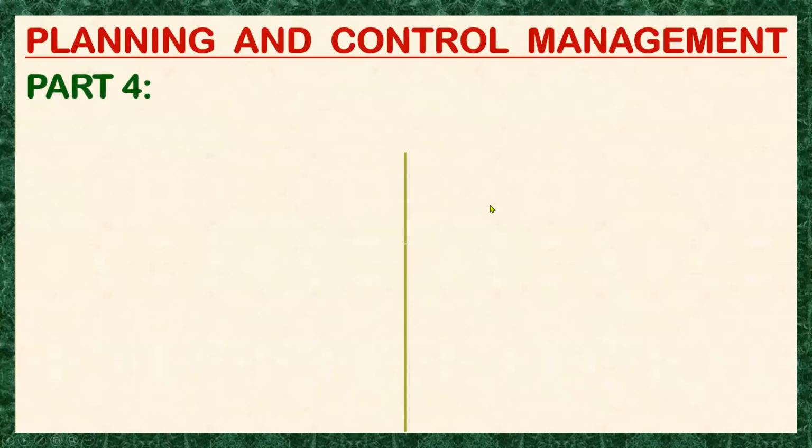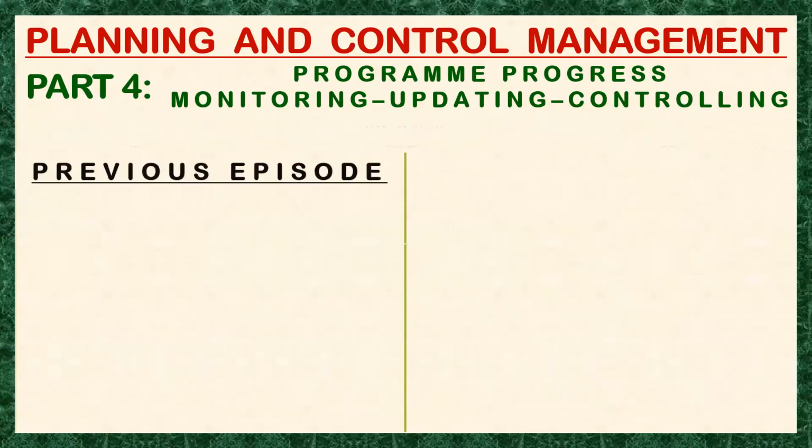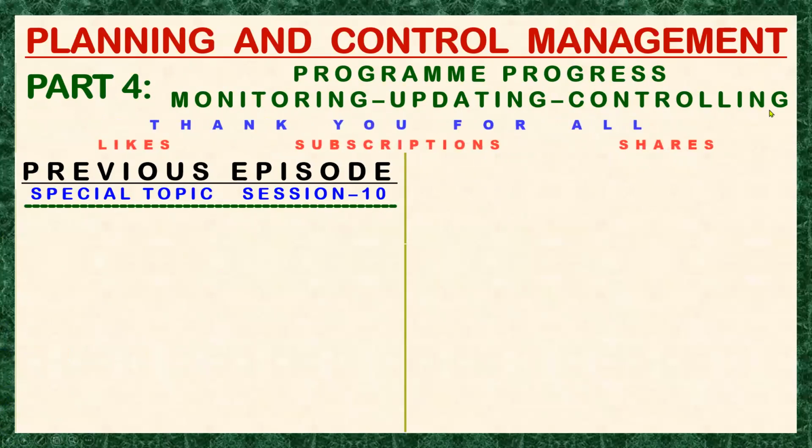Okay, planning and control management, part 4, program progress monitoring, updating and controlling. Actually, part 4 will take us more episodes to create, because this is a long process of completing this part of our exercise.